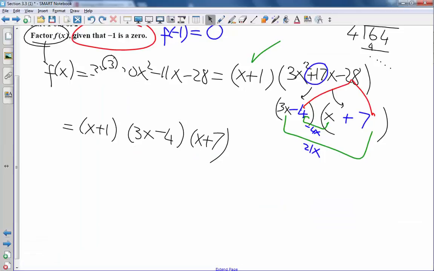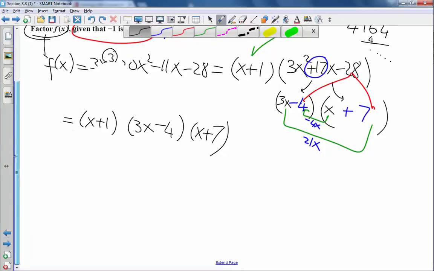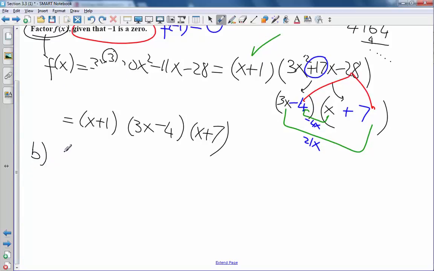Okay. Now, guys, please, can you set this into 0? Yes, and solve it. Part B. 3x cubed minus, was it 20? Positive 20.